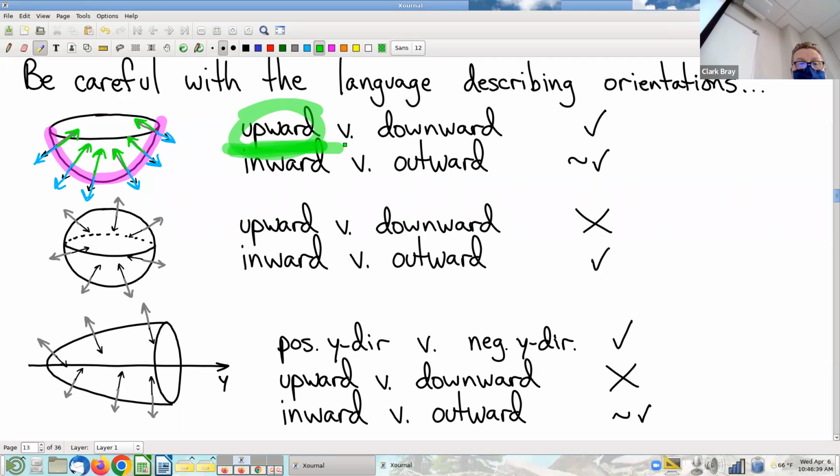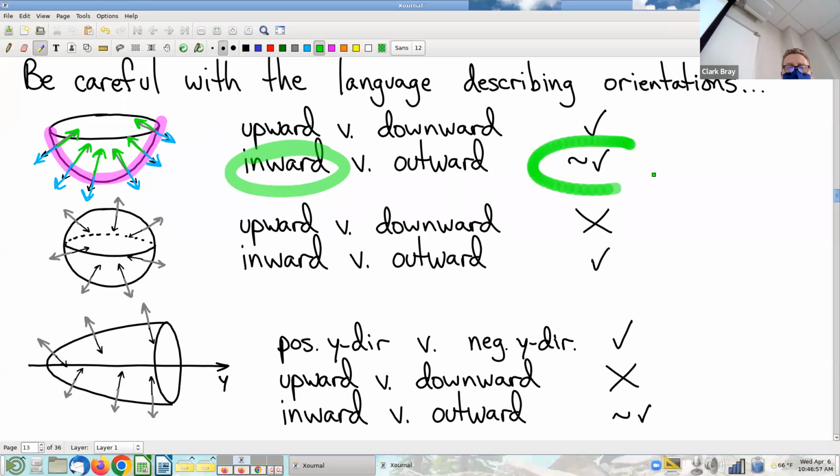Okay. Now, that said, there are other ways that you could make this distinction. I think it's kind of plausible to say that all those green vectors are pointing inward, kind of, a little bit. I mean, it's not that there's a well-defined inside in this case, but I think this would communicate the thought. So I give this a partial check as a reasonable terminology.